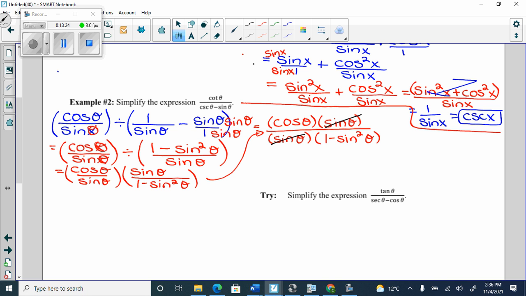All right. Now I have cos theta on the top. There's nothing I can do with that. But remember all the variations of the Pythagorean theorem. We had sine squared theta plus cos squared theta equals 1. That's right off my formula sheet. I'm going to do it on the board over here.